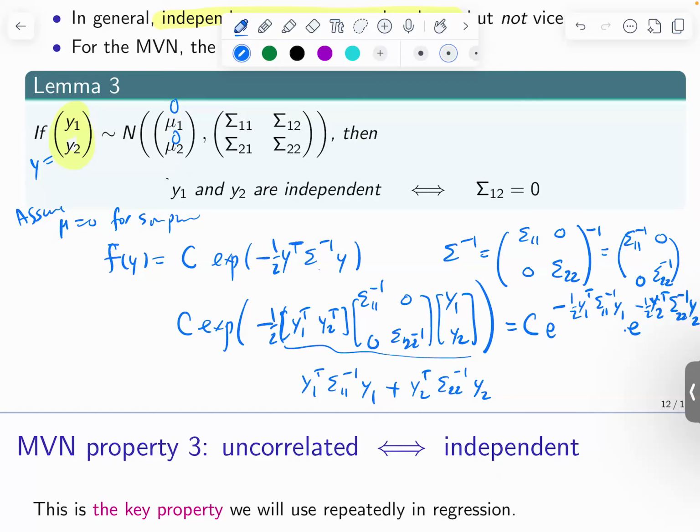It factorizes into a piece which only depends on y1 times a piece that only depends on y2. And this shows that the distributions are independent, because after proper scaling, one would be the PDF of y1, the other the PDF of y2. When the joint density f of y1, y2 factorizes like this, that is equivalent to independence.